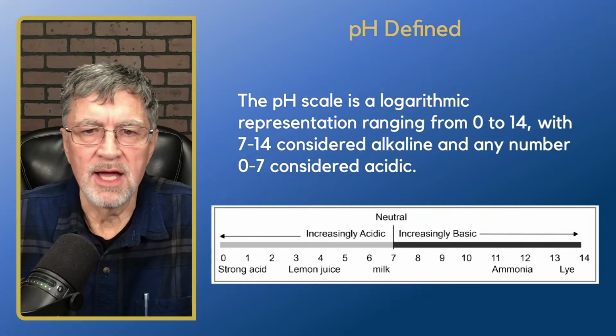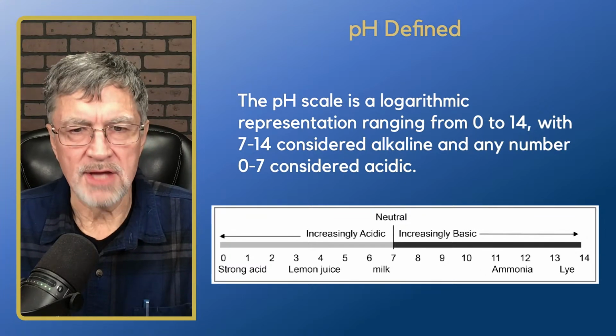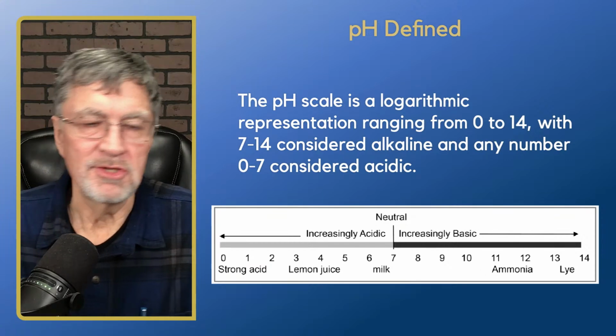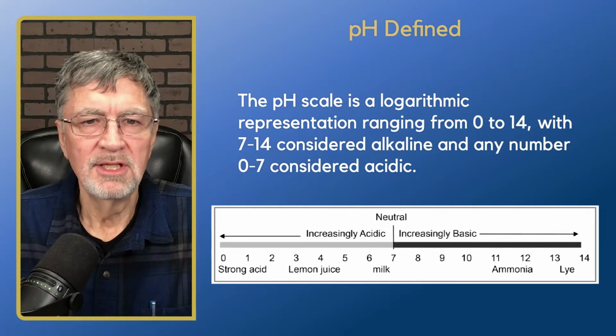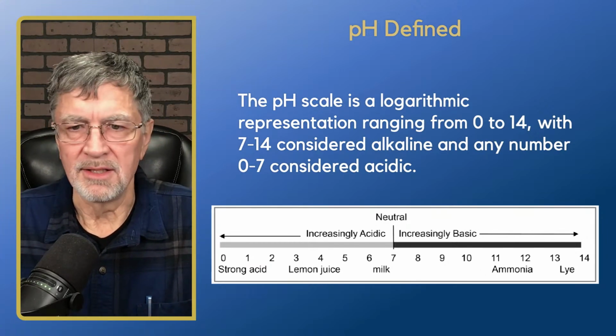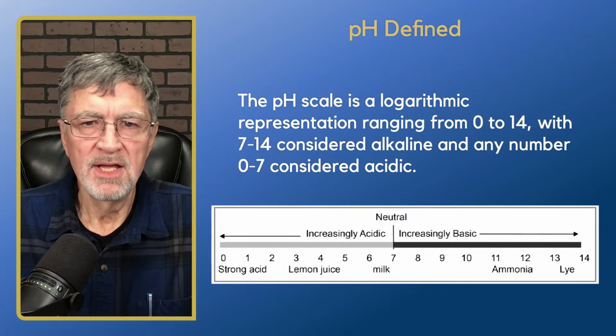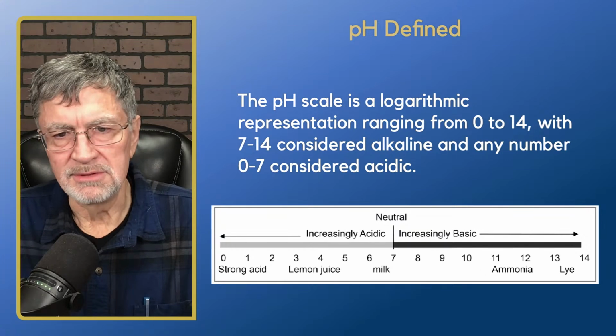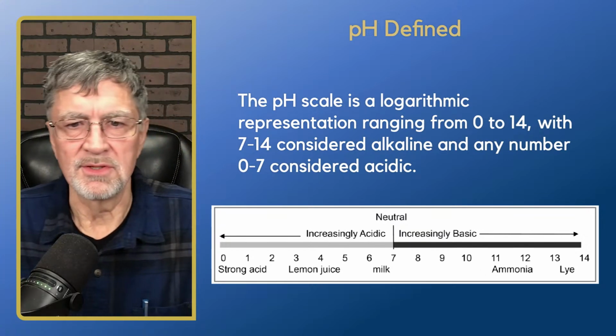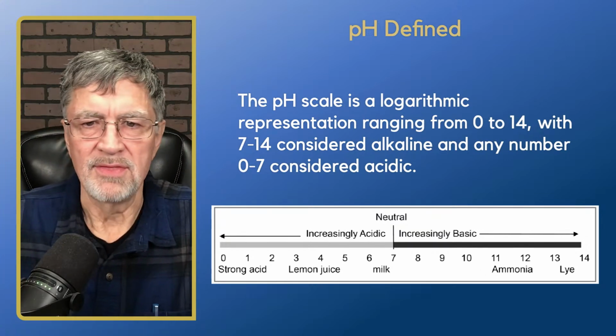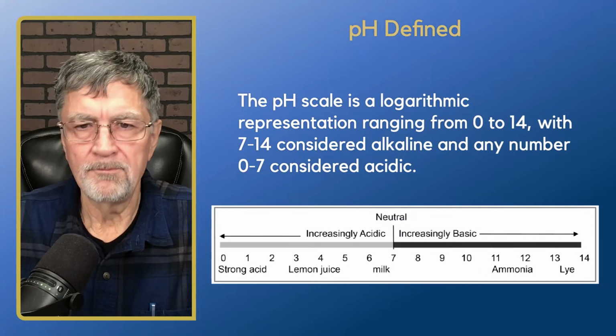So you can see how much stronger the acids are down in the 1 or 2 range as opposed to right around neutral, because it is a logarithmic scale. So 7 to 14 is considered alkaline, 0 to 7 is considered acidic, and that's generally our scale there.